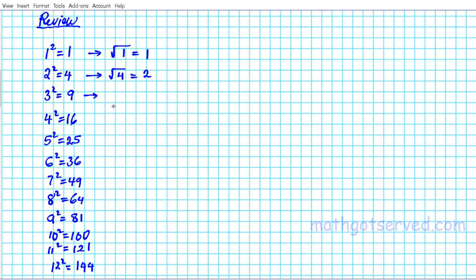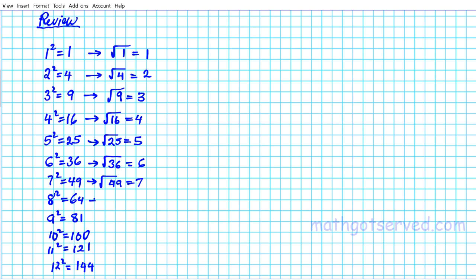If 3 square is 9, that follows that the square root of 9 is 3. If 4 square is 16, that follows that the square root of 16 is 4. If 5 square is 25, the square root of 25 is 5. If 6 square is 36, the square root of 36 is 6. Square root of 49 is 7.